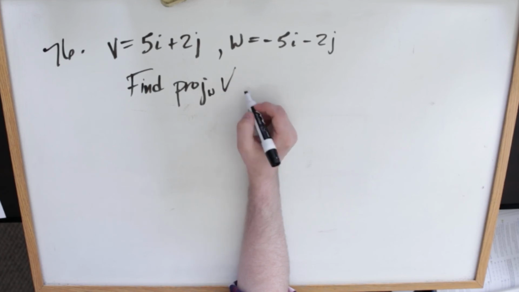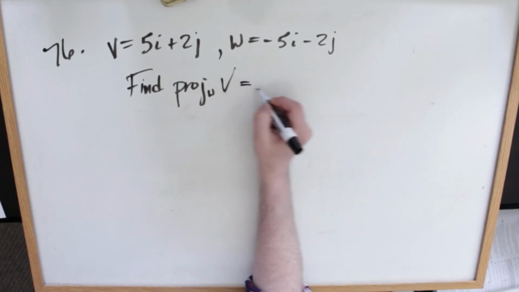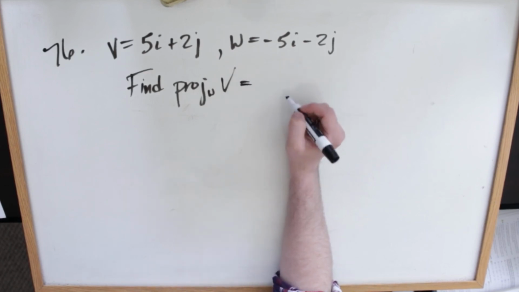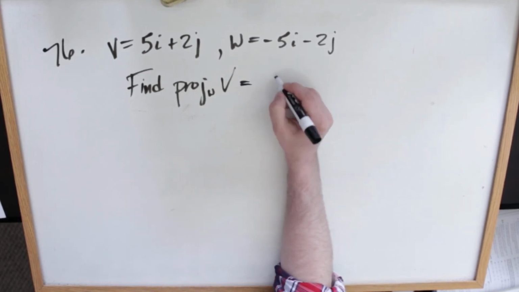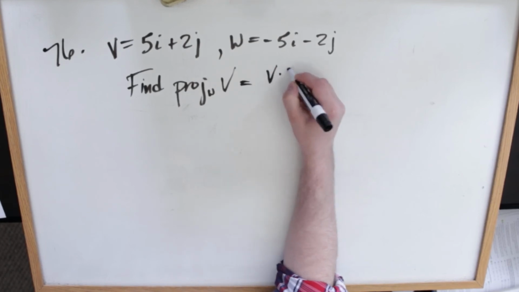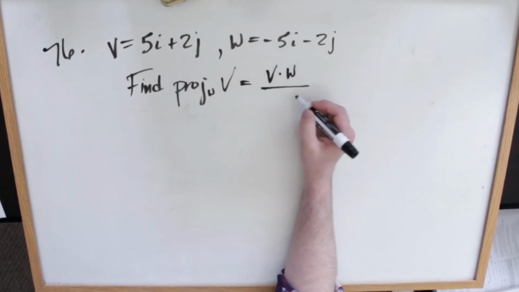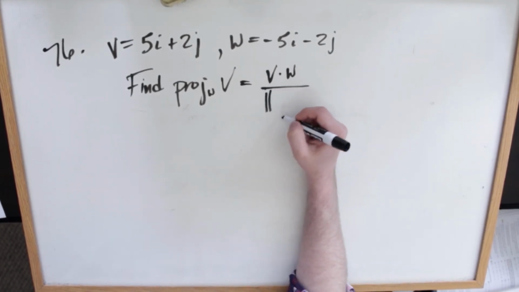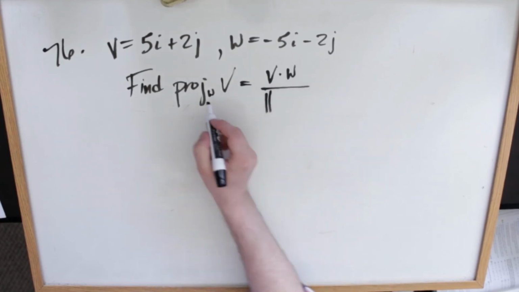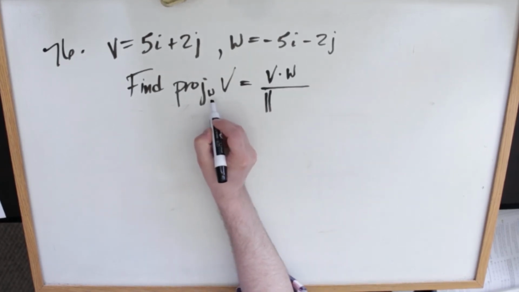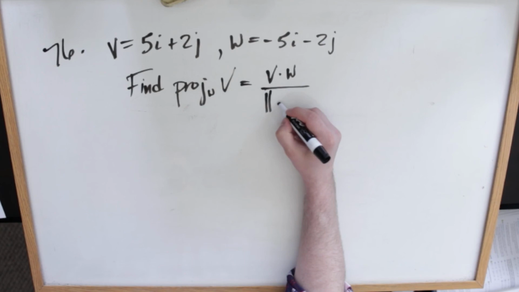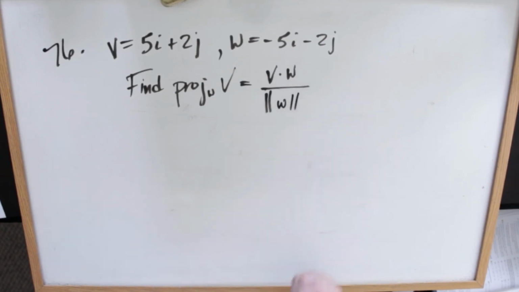So there's a formula for this. This is equal to the dot product of the two vectors, V times W, all over the magnitude of W, which is what we're projecting it onto.